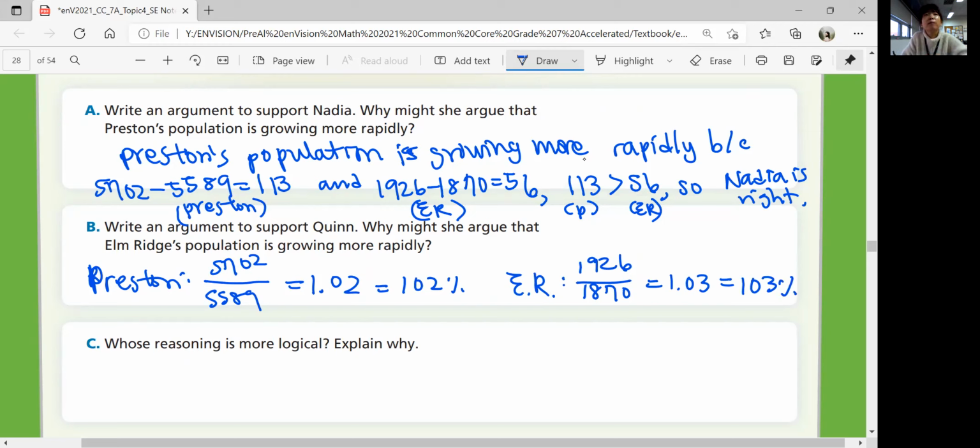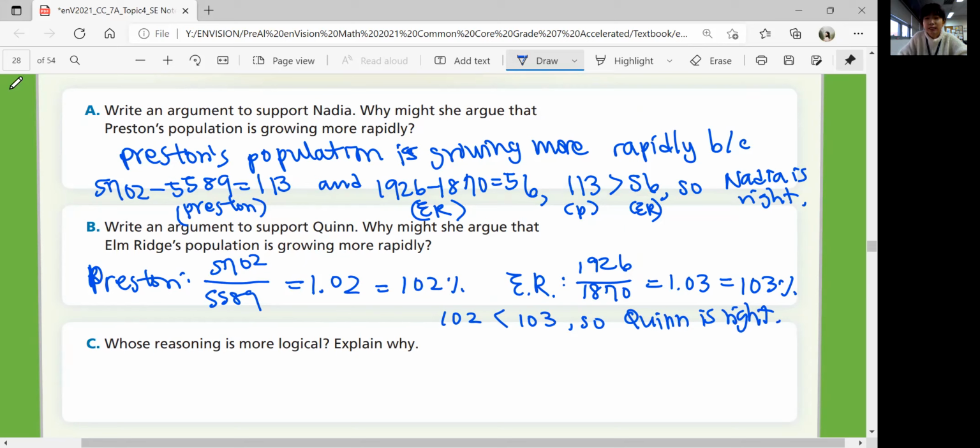So whose population grew more in percentage? Elmridge. They started with less people, but they grew a little bit more. So 102 is less than 103. So Quinn is right.